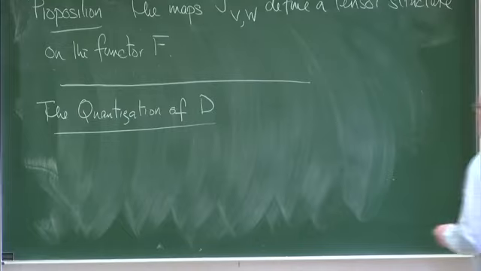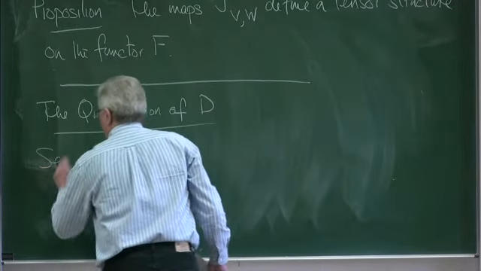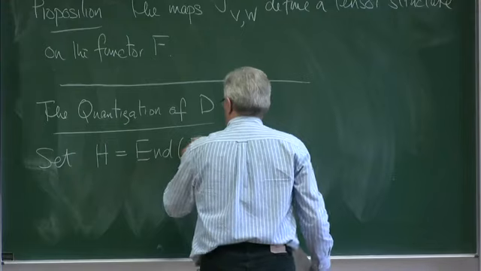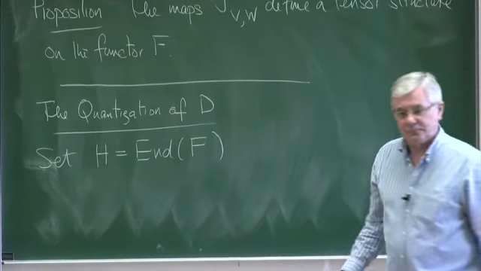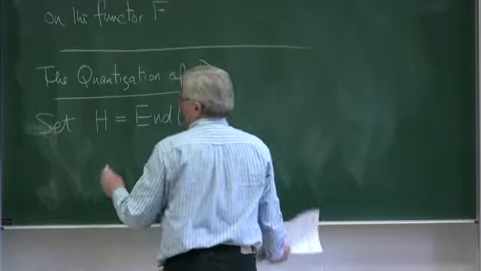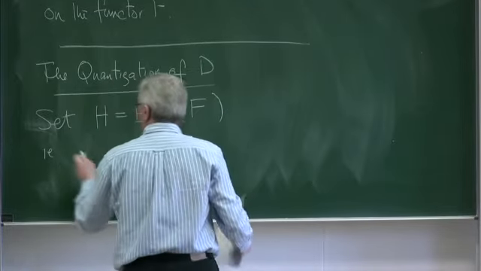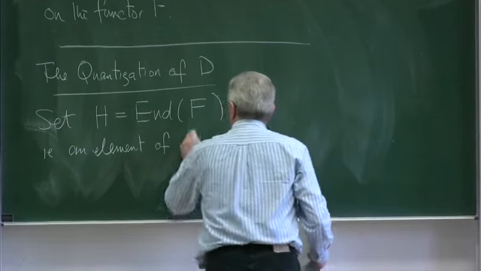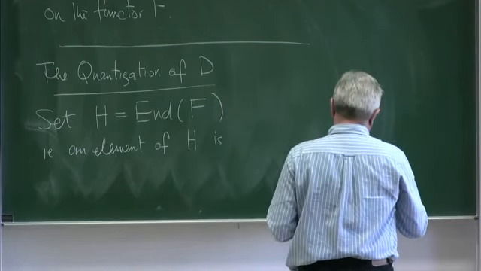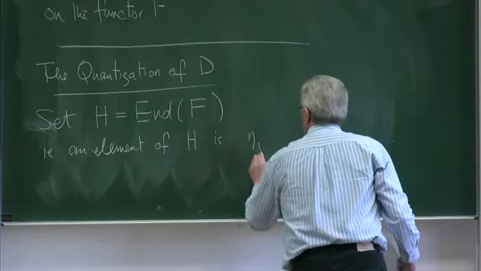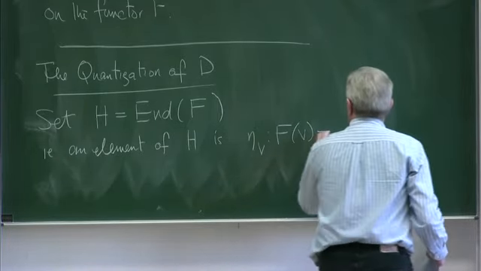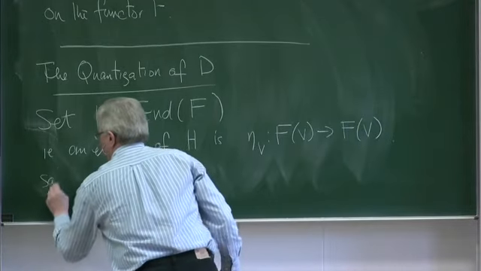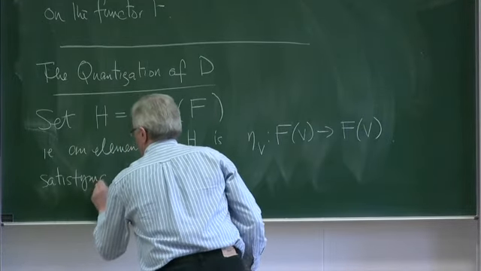So what we do is set H to be the endomorphisms of this functor F. That is, an element is an eta_V from F(V) to F(V) satisfying naturality conditions.